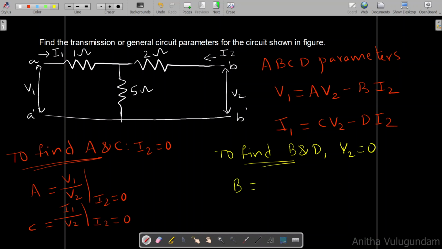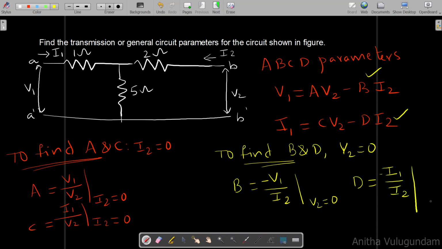I can write from this equation B equal to V1 by I2 when V2 equal to 0, and also from this equation D equal to I1 by I2 will have minus when V2 equal to 0.